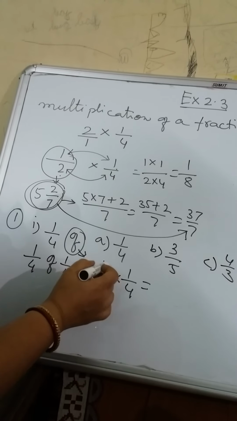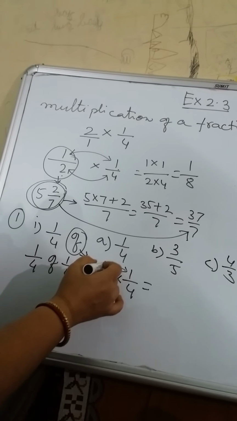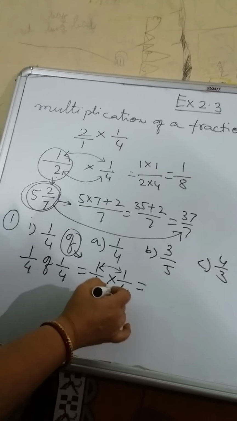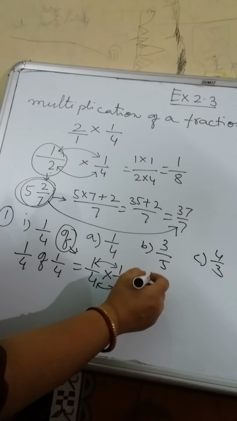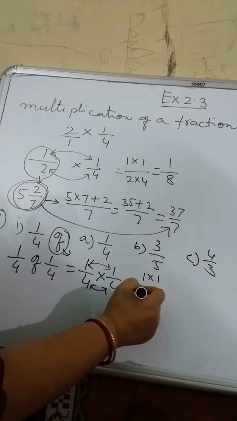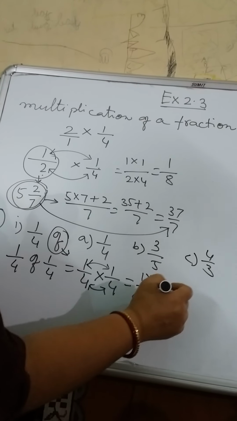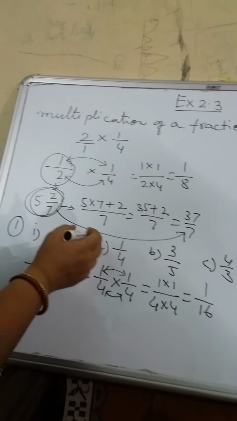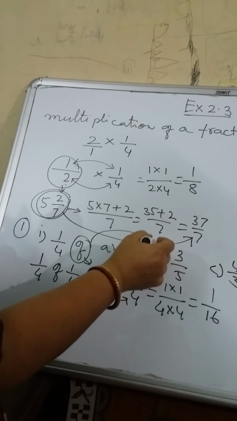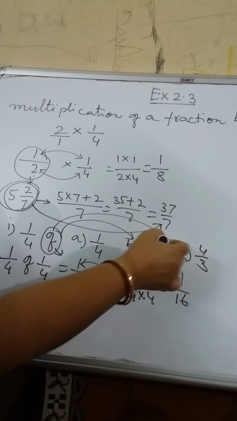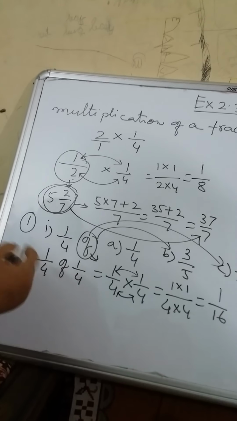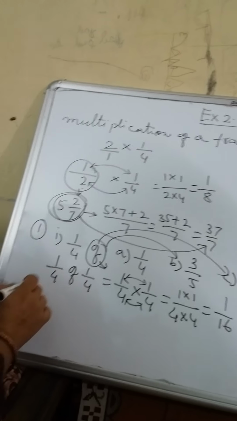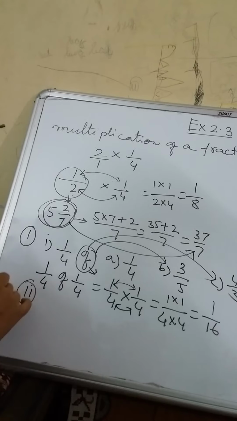Multiply the numerators and denominators. It will be 1 into 1, 4 into 4, which is 1 by 16. Same way you can do the others. Question number 2 of 1 will be your homework.